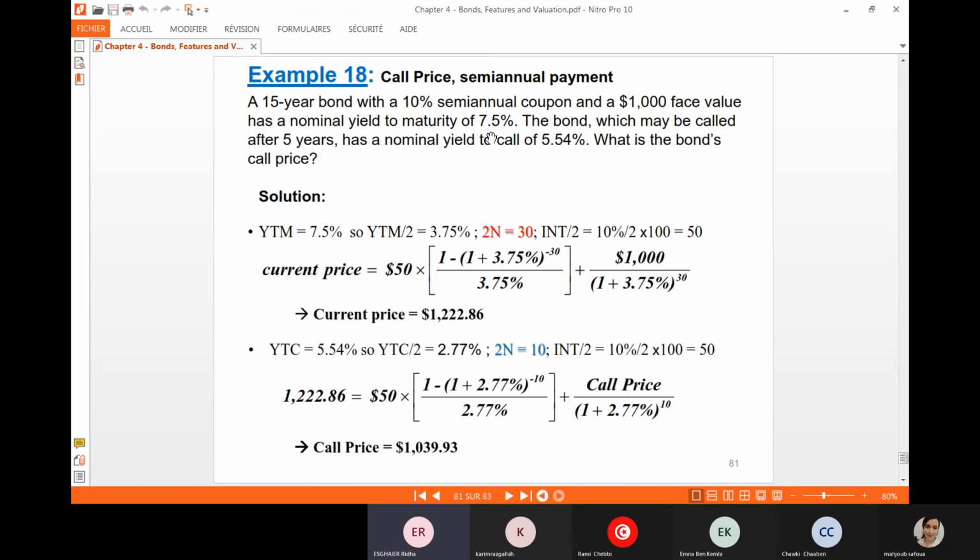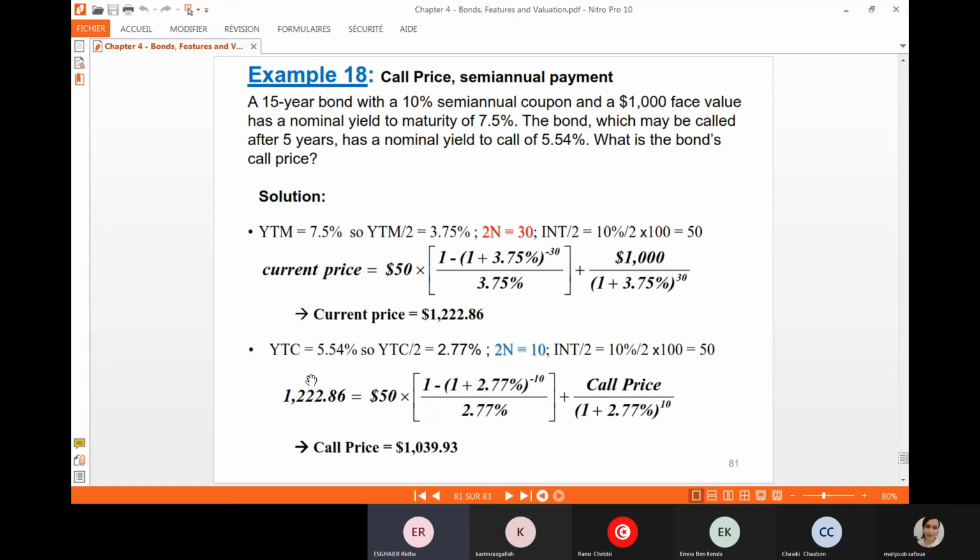The yield to maturity is 7.5%, so semi-annual it is 3.75%. Discount all the future payments to get your current price, which is 1,222.86. So someone who wants to buy this bond must pay 1,222.86.